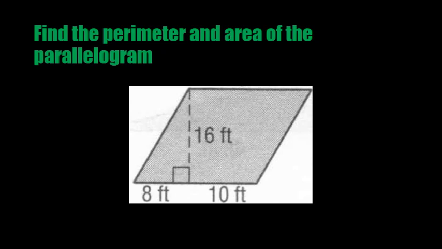Then it tells you that this portion right here is 8 feet, and this over here is 10. It asks you to find the perimeter and the area. The area you can easily find because this together makes the base. So the base is 18, and the height is 16. So the area is 18 times 16, which is 288. So the area would be 288 square feet.